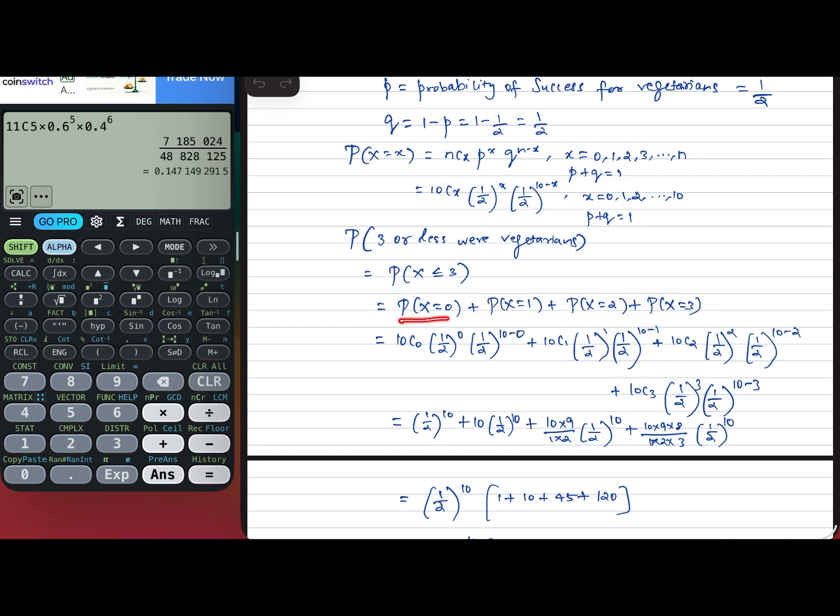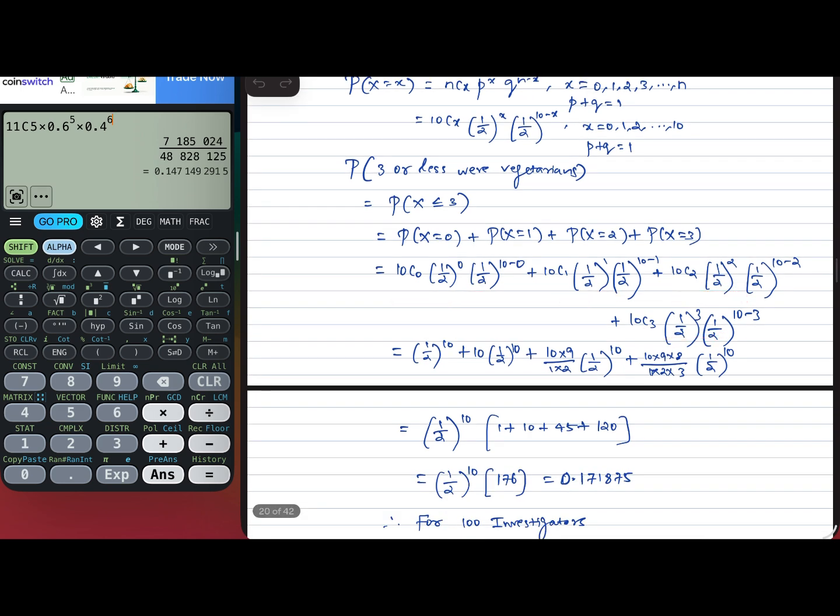When you substitute x as 0, 1, 2, and 3 in these places, you get 4 terms.